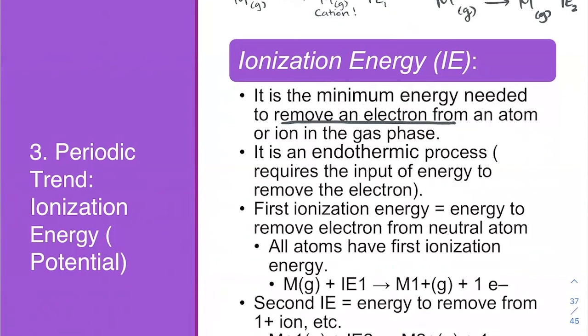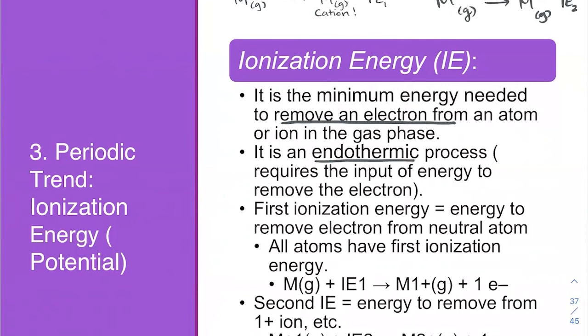Why is it required? Because when we think about removing an electron, that electron is attracted to the nucleus. It's like a magnet on the fridge. In order for that magnet to be pulled away from the refrigerator, we have to put energy in, which is endothermic. It requires energy.